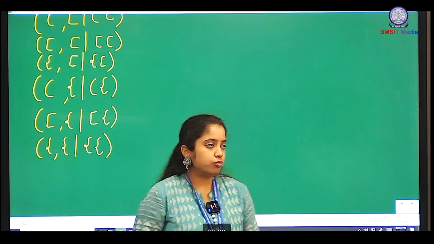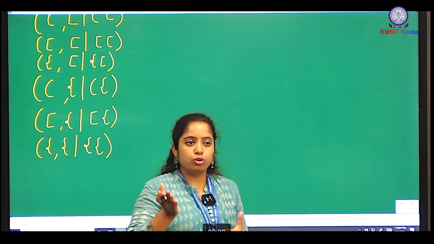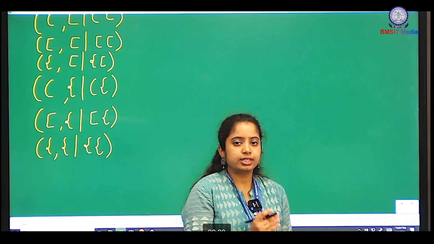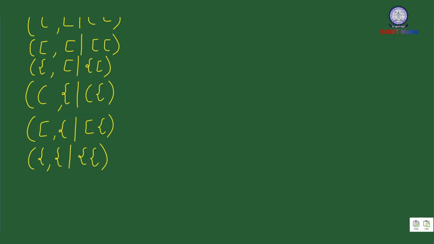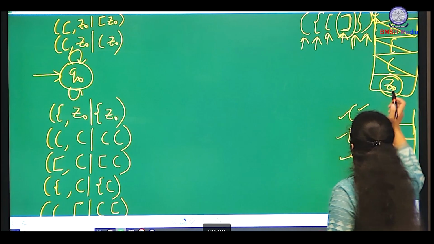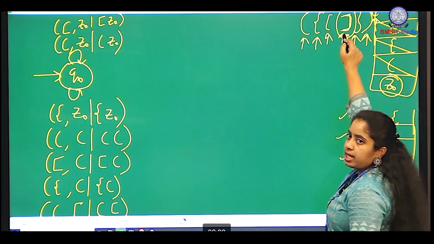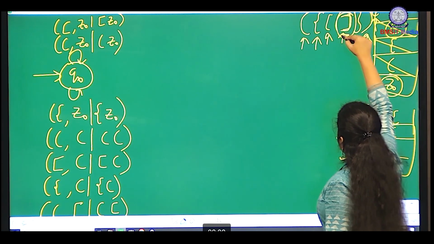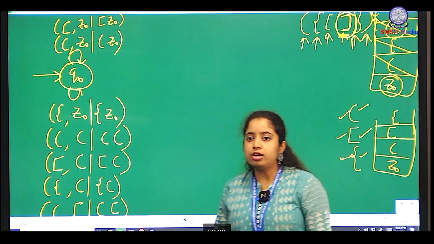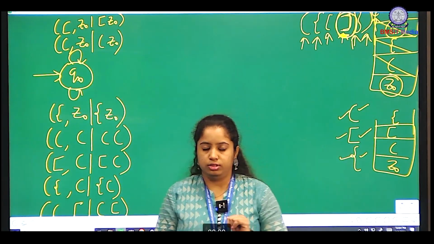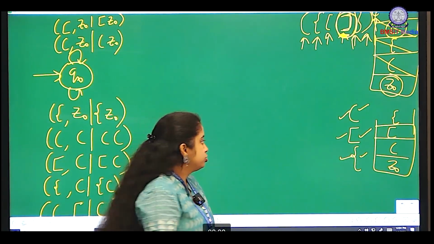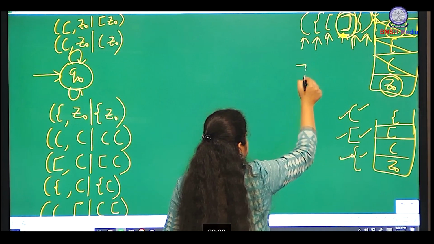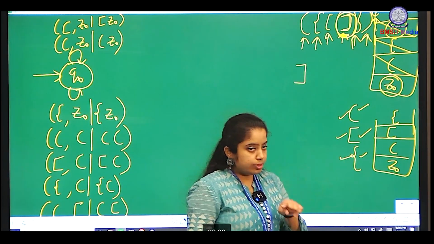Now, when you start reading the closed parenthesis, as I said, the top stack element should be the same element as your closed input symbol. If this is the closed input symbol, what should be there on the stack?